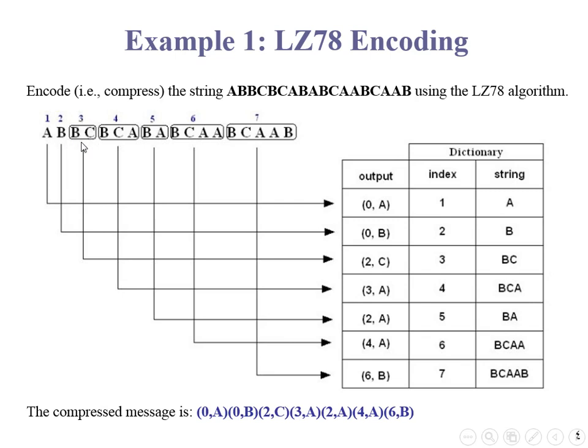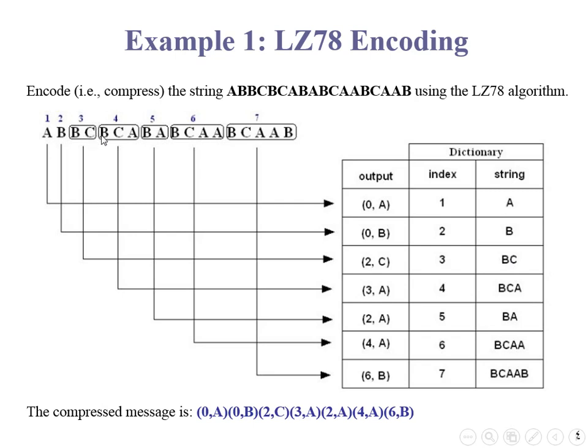Therefore, we encode it with a prefix of B. This prefix B has index 2. So the output is 2 and C, and we give this output the new index 3. This 3 represents the string BC.